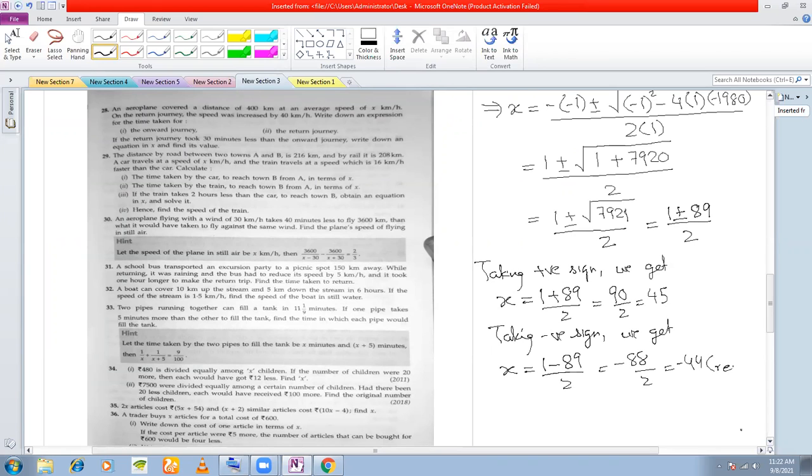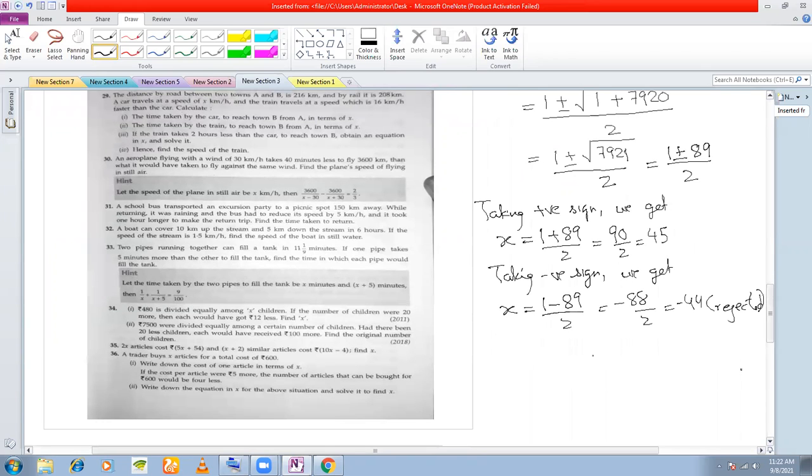This is rejected as X cannot be negative. Hence, the total number of students is equal to 45.